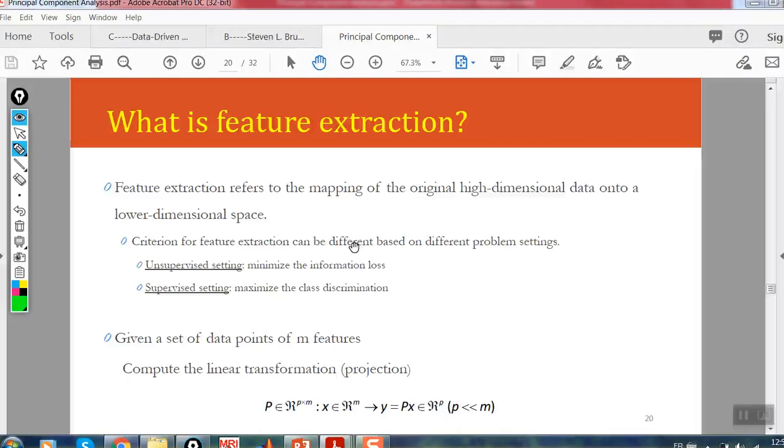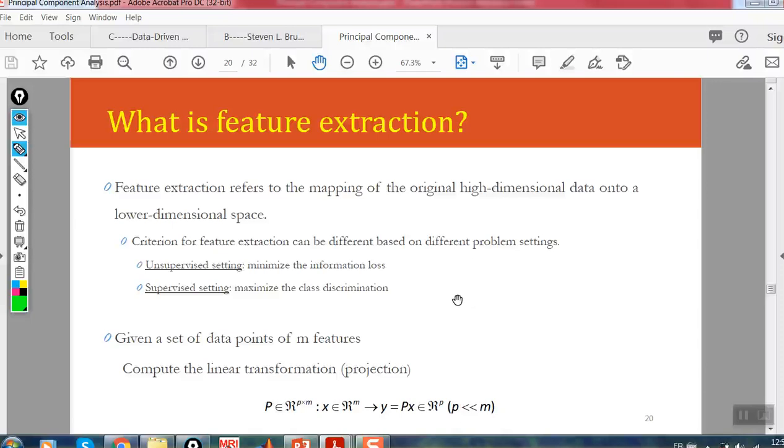Then we can extract the main features, the main characteristics, using different methods, for example, using Fourier, using wavelet, okay, using different methods.